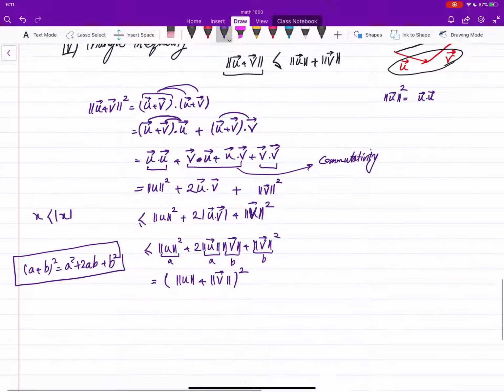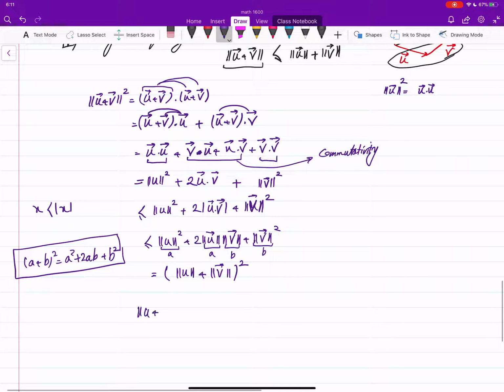What we proved here is that length of u plus v squared is less than or equal to length of u plus length of v, squared. These are two positive numbers, so we can take the square root of both, and then you get length of u plus v is at most length of u plus length of v.